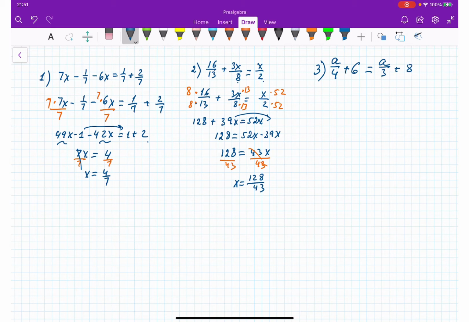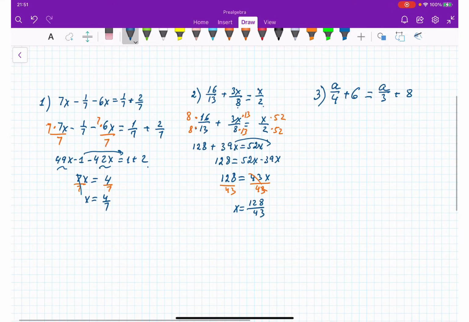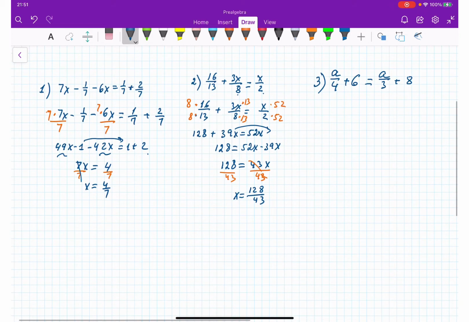Okay, so the denominators are 4 and 3, right? Which is going to be 12, correct? Common denominator. So a over 4 plus 6 equal a over 3 plus 8.